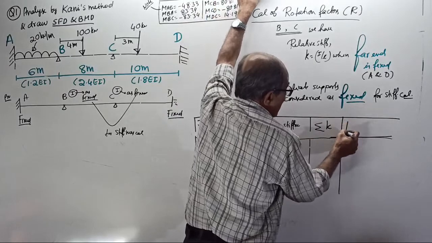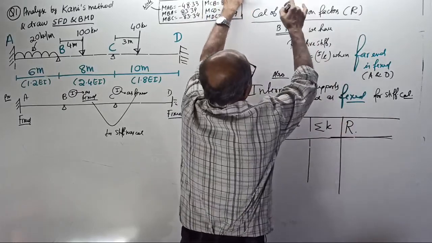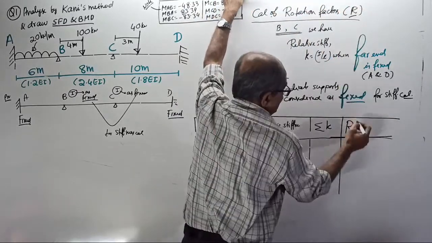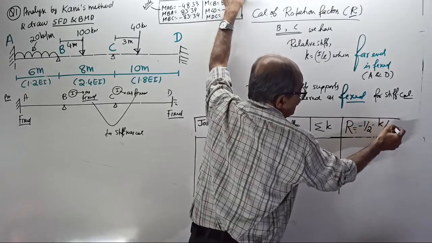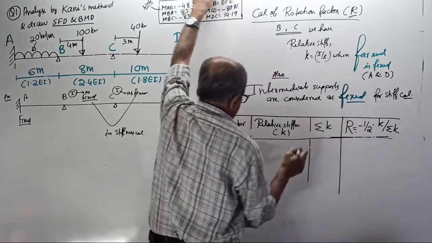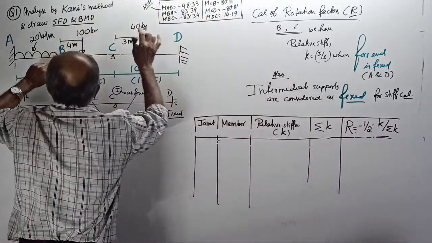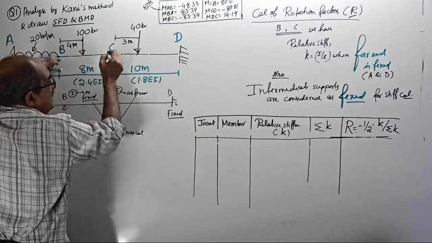Lastly, rotation factor R. We already wrote R equals minus half into k divided by sigma k. Actually, if you solve later, this story is not required. I am telling the story to understand everything. We need it at joint B and joint C.